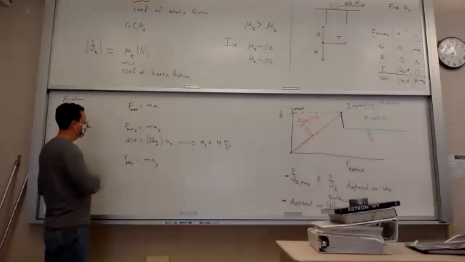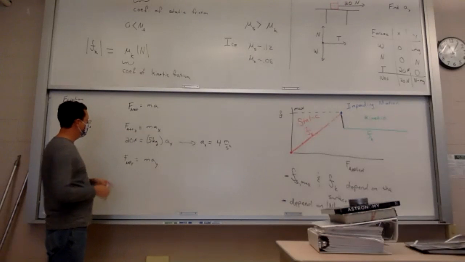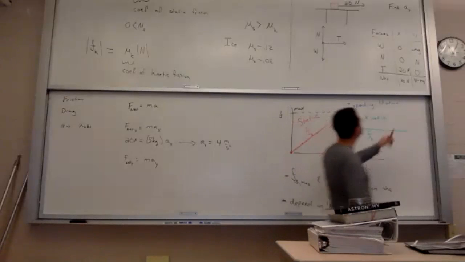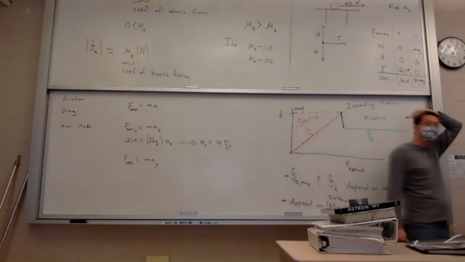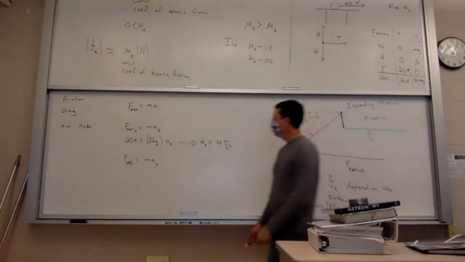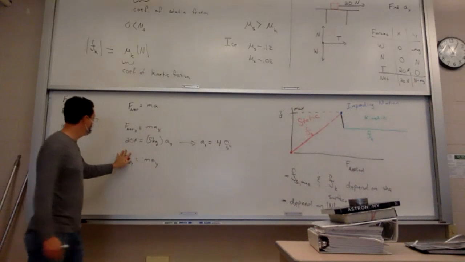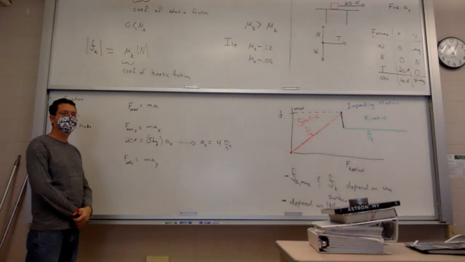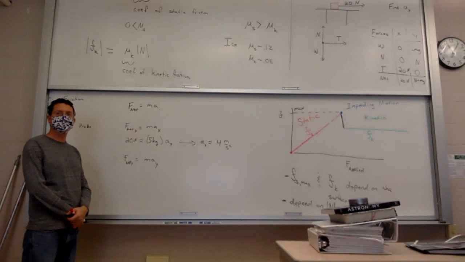From this equation, what do I do with this one? I have a formula for the net force in the y direction. That's fine. Can I say anything else about this equation? Do I know anything about the acceleration in the y direction?